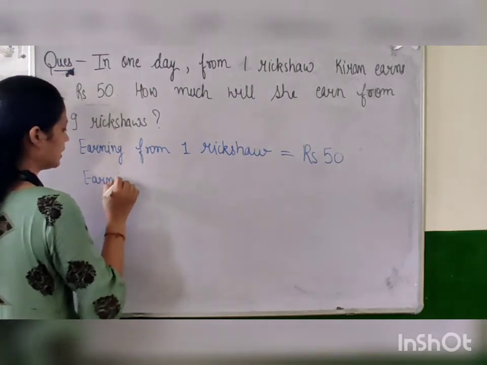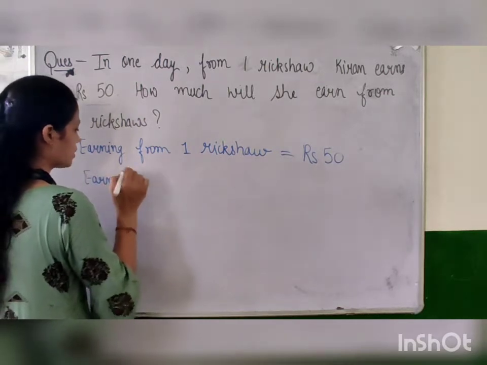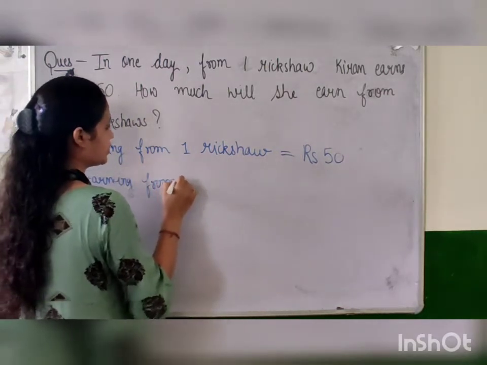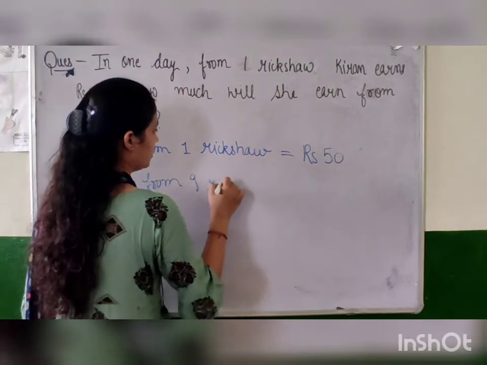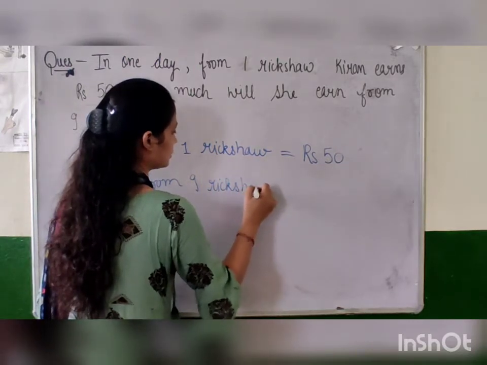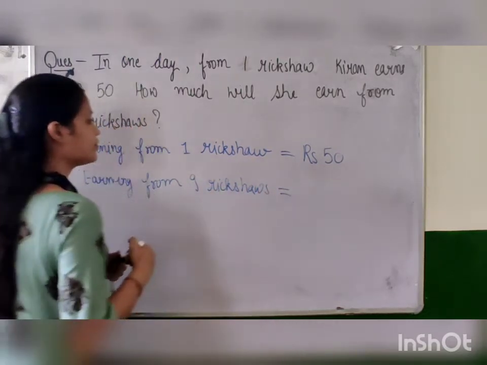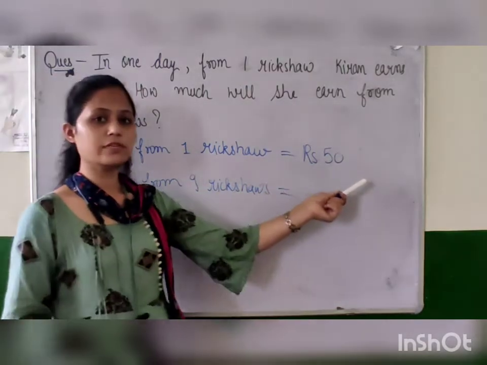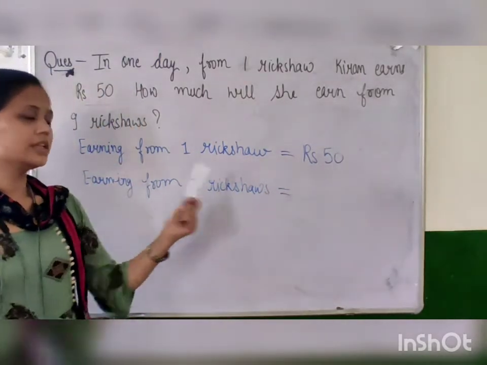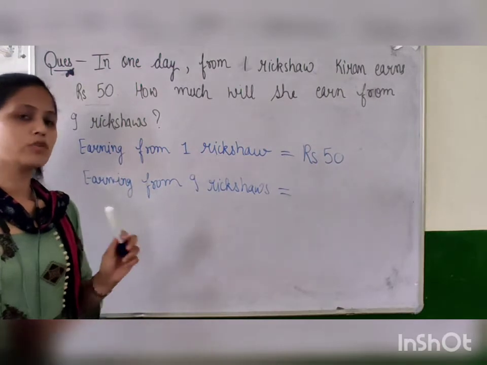So her earning from 9 rickshaws will be, see, from one rickshaw she is earning rupees 50. We have to find out for the 9 rickshaws.